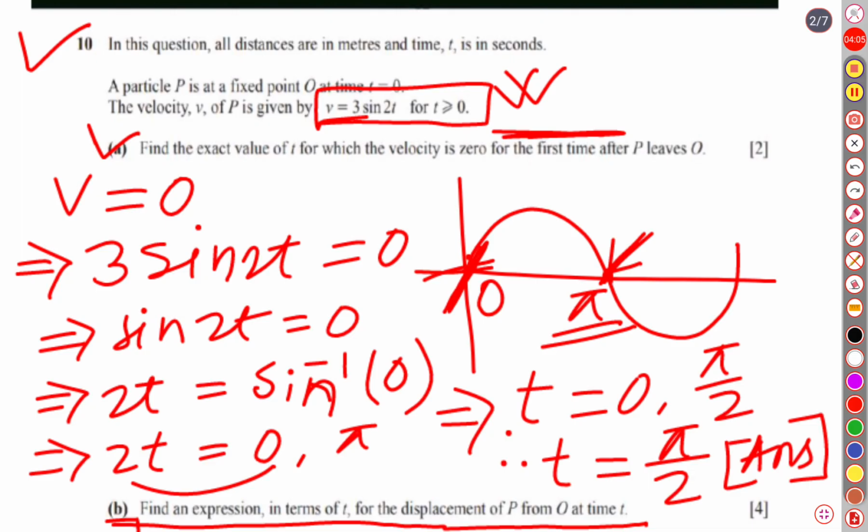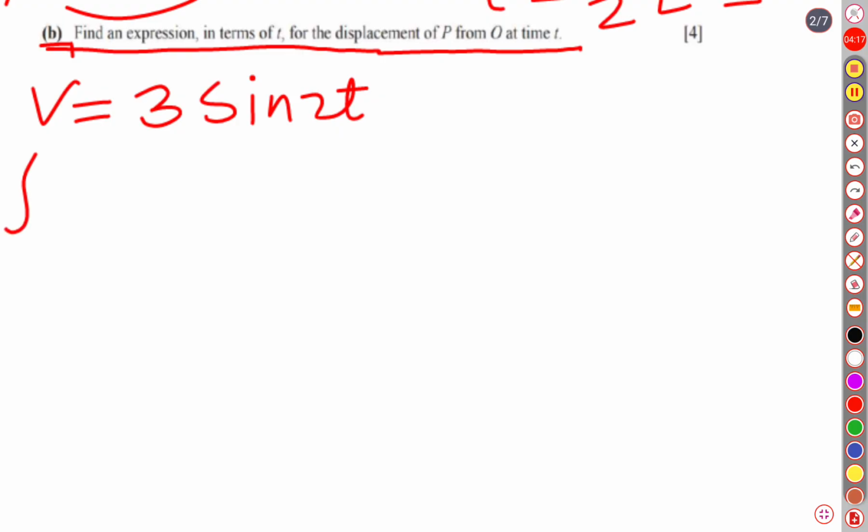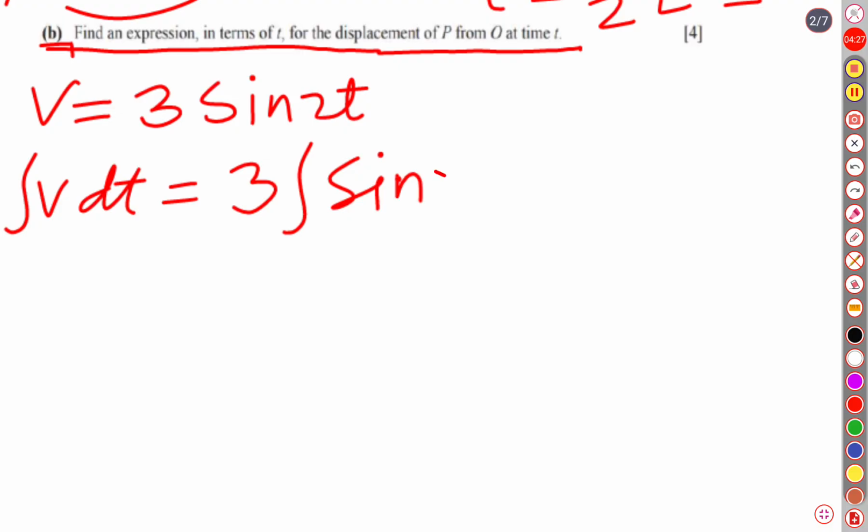Let's start the solution. So our v is actually 3 sine 2t, and we are going to integrate. The integration notation is the integral of v dt, and we can just isolate 3 at the beginning: 3 times the integral of sine 2t with respect to t.